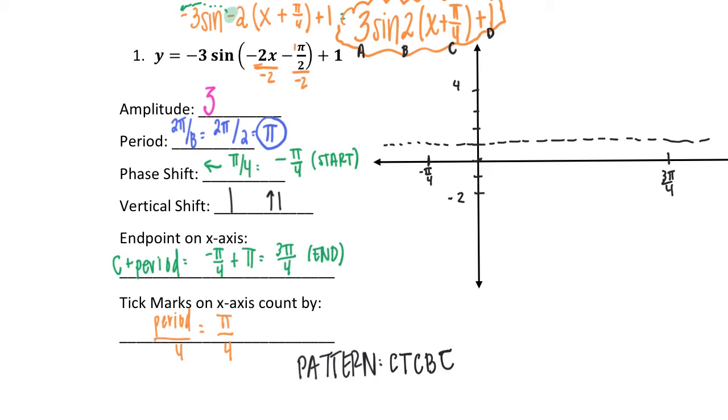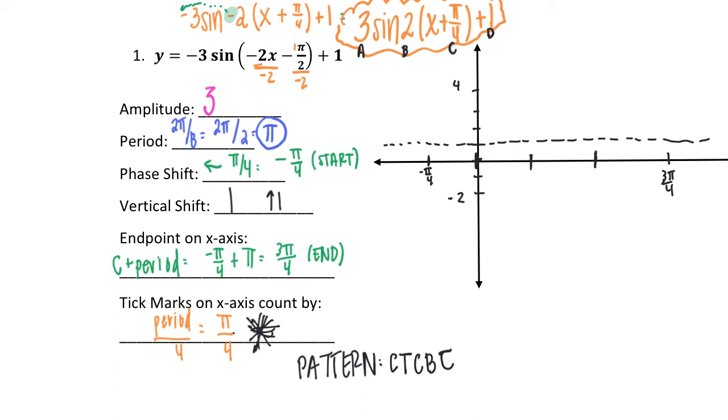We're going to need a total of 5 tick marks, right? Now, to find what our tick marks are counting by, go down to that bottom thing that we found, pi over 4. We're adding pi over 4. So if we have -1/4 pi and we add a 1/4 pi, then one of our tick marks is actually going to land on the y-axis. So we have 1, 2, 3, 4, and then 5.